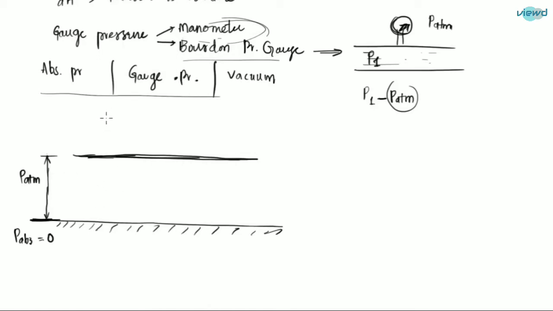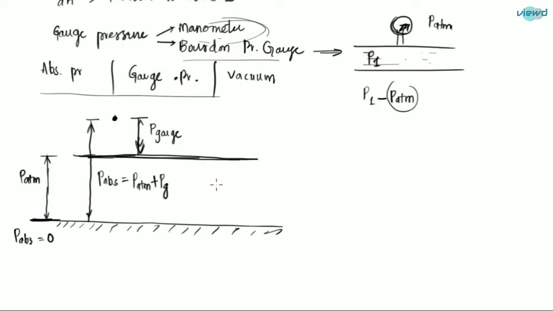If the pressure that we are measuring is greater than atmospheric pressure, then any gauge will show the pressure as P gauge with respect to atmosphere. So P gauge will be this much amount. And what will be the absolute pressure? This will be absolute pressure. Absolute pressure means from the base, P atmospheric plus P gauge. And this is the case when pressure is greater than atmospheric pressure.